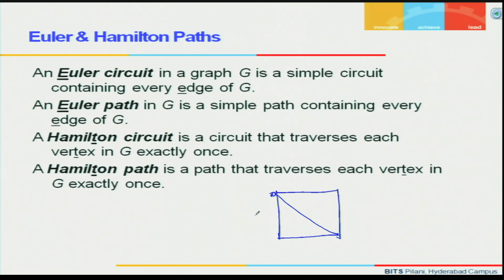No vertex should be covered more than once, and all vertices should be covered at least once, that is, exactly once. What does it mean? U, V1, V2, V3 are the vertices. Let us see whether this graph has a Hamiltonian cycle or not.